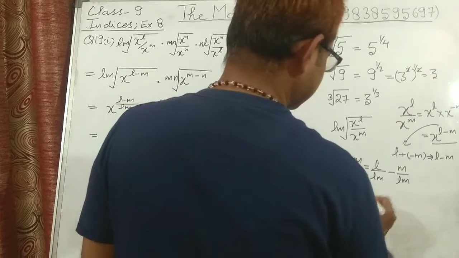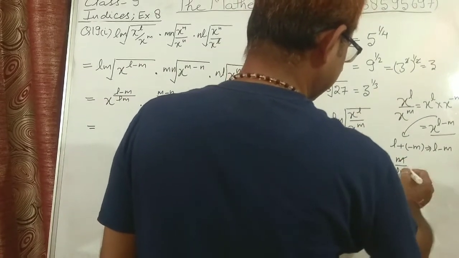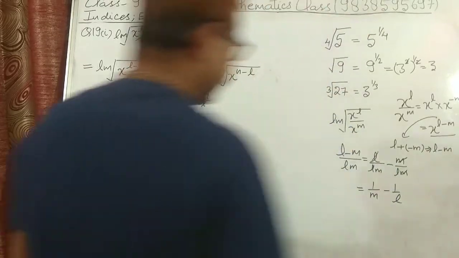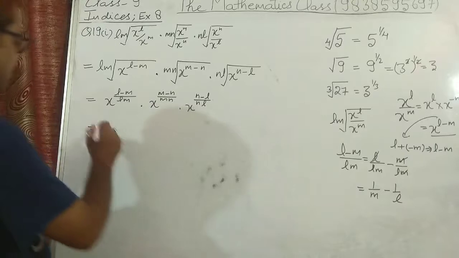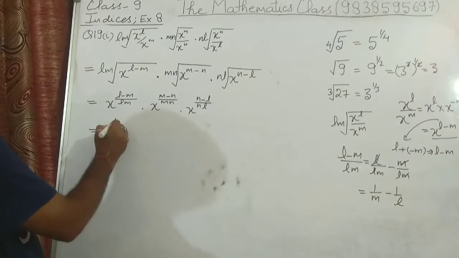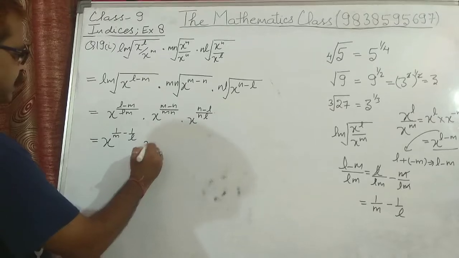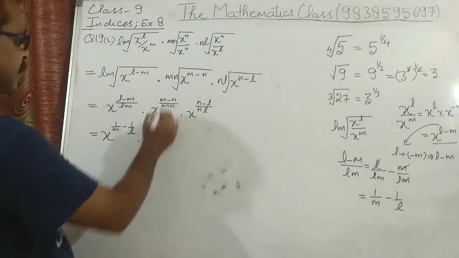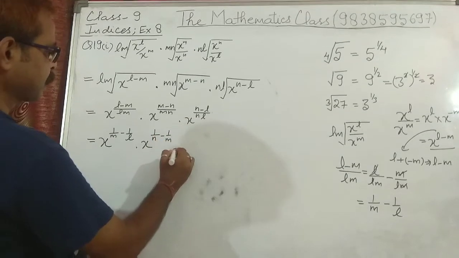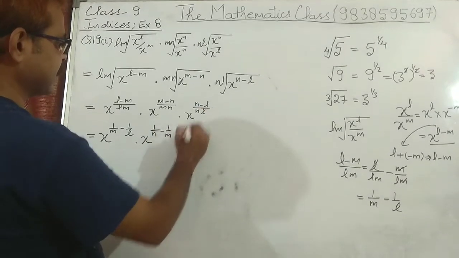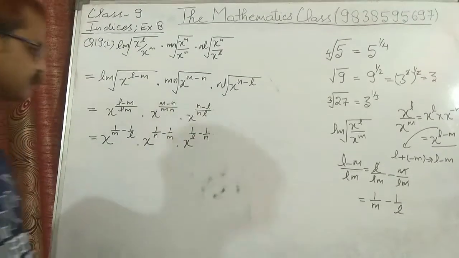When you solve this, l and l will cancel, and you will get 1 upon m minus 1 upon l. So x to the power 1 upon m minus 1 upon l into, similarly, m and n will cancel, you will get 1 upon n minus 1 upon m, and similarly n and l will cancel, 1 upon l minus 1 upon n.